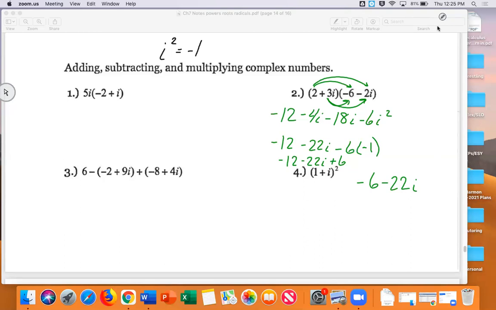All right. So up here for number 3, the only thing I have to distribute, Jay, is that -1 in front. You see that? See how it says 6 minus? Yeah, so I'm just going to change the signs, right? So minus the -2, that's +2, minus the +9 is -9.